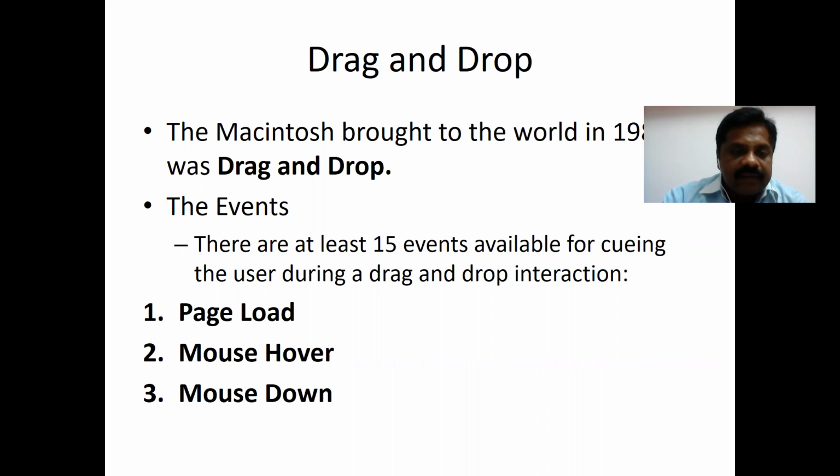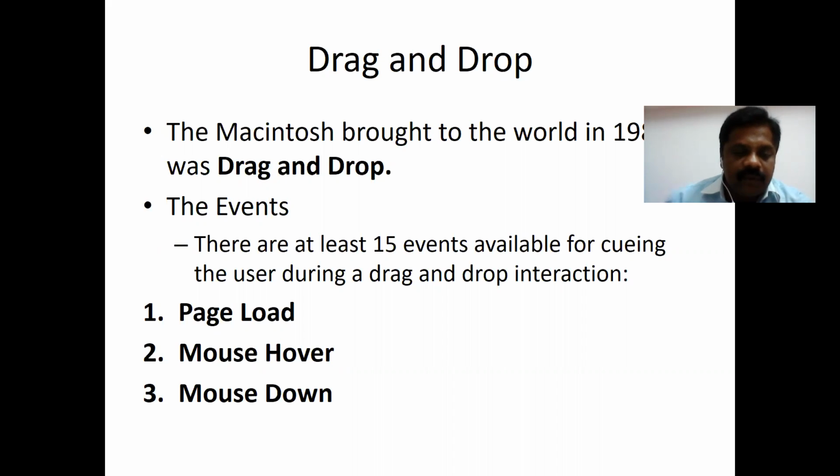There are at least 15 events available for queuing the user during a drag and drop interaction. So almost 15 events are available when we are doing a mouse drag and drop.